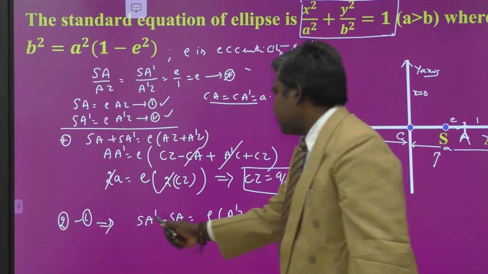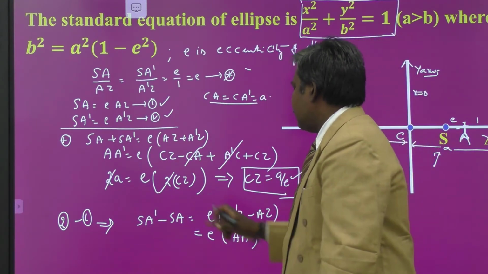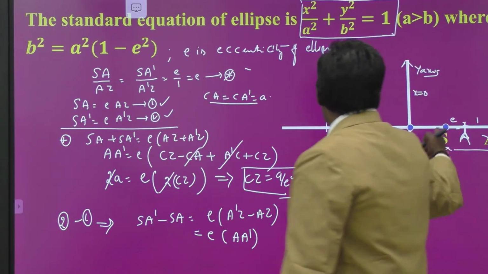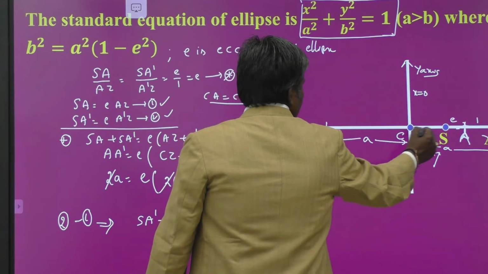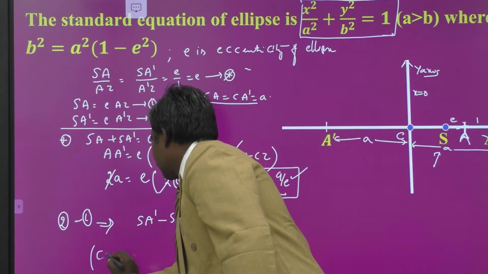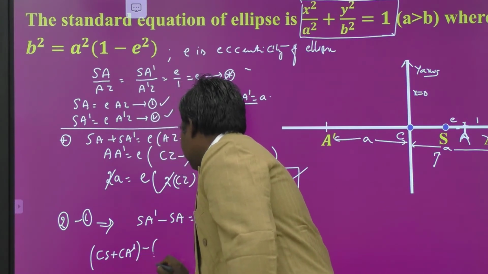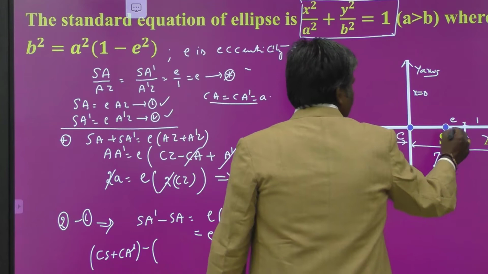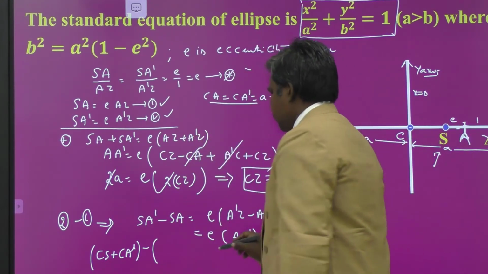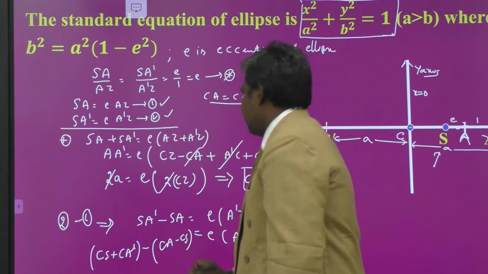Now we write SA dash and SA in terms of C. What is SA dash? This is S, this is A dash. SA dash is nothing but CS plus CA dash, minus SA, which in terms of C is CA minus CS.